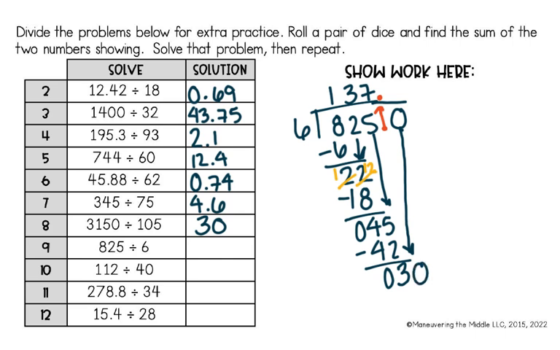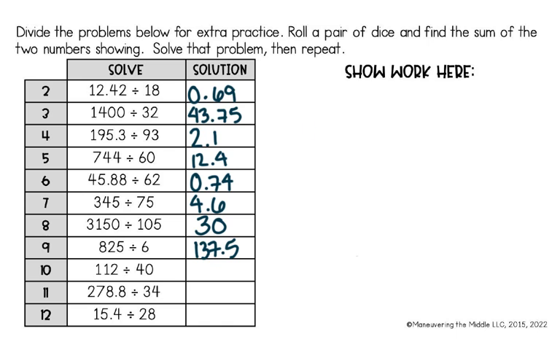We have 30, and 6 can go into 30 5 times. 5 times 6 is 30. Subtract, we get 0. So our answer is 137.5.